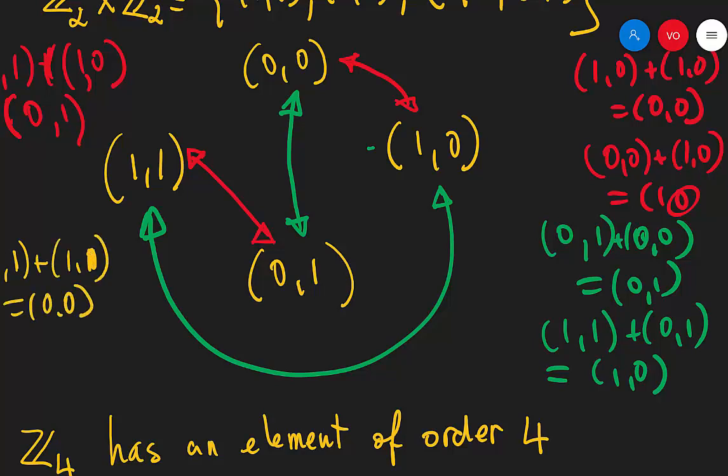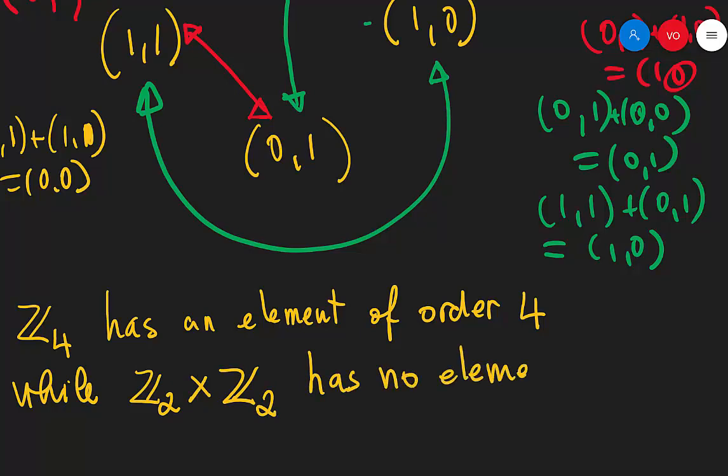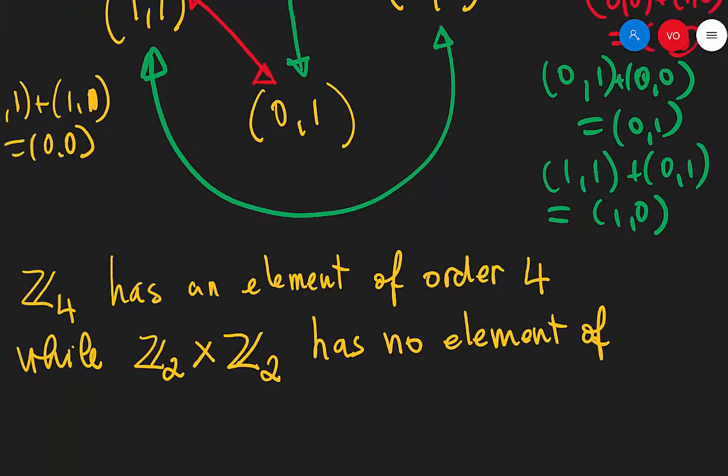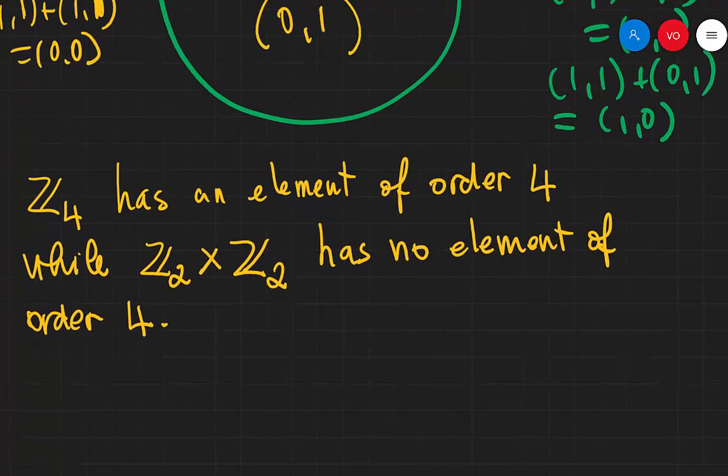So essentially the set Z2 Cartesian product Z2 has no element of order 4.